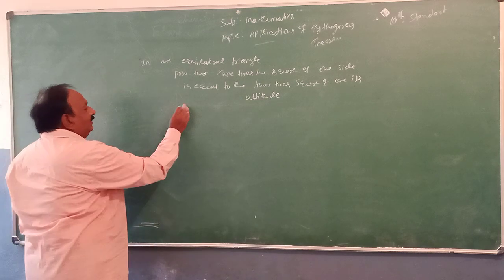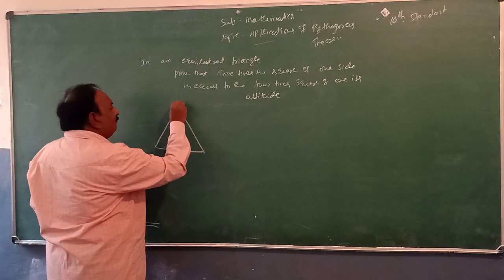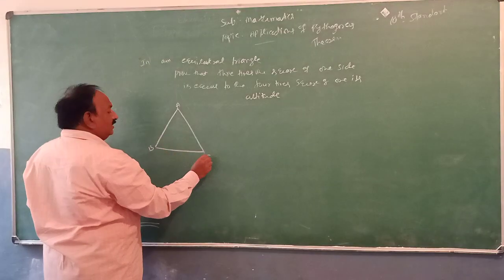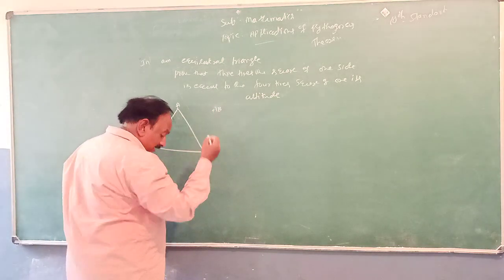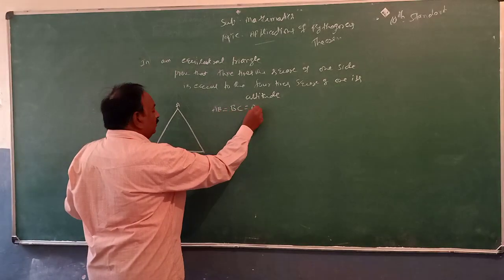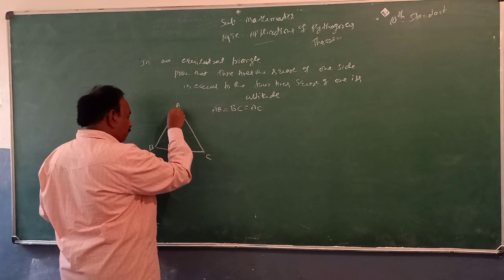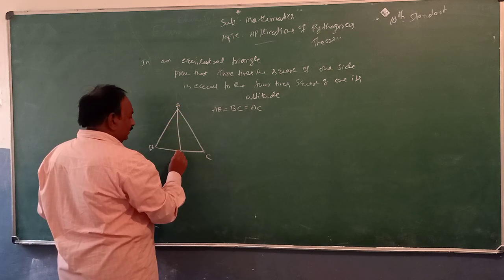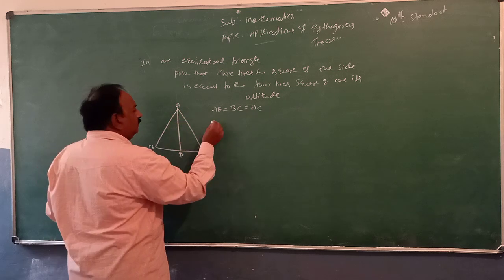First write an equilateral triangle. ABC is an equilateral triangle. In an equilateral triangle, AB is equal to BC is equal to AC. AD is an altitude.